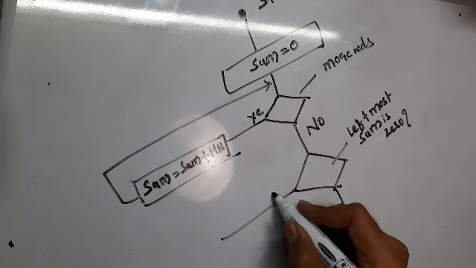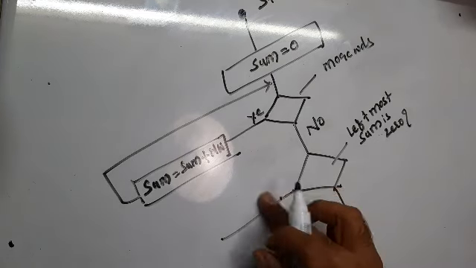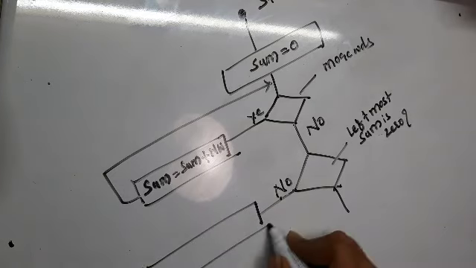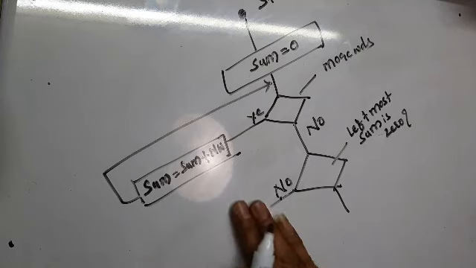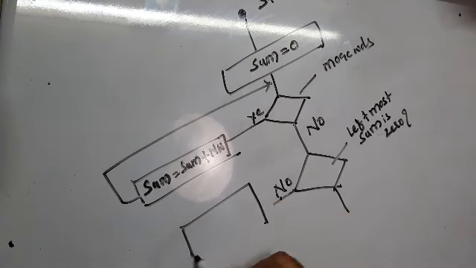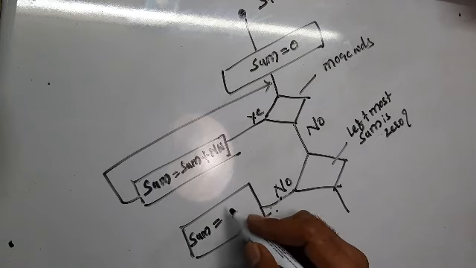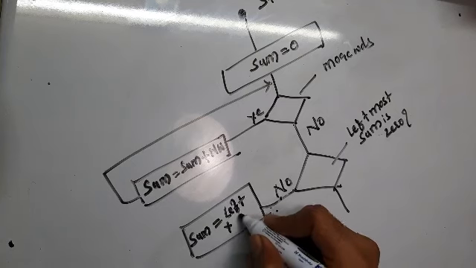If it is no, the sum is not 0, in that case what is to be done is, I write it like this: sum is equal to left sum plus right sum.